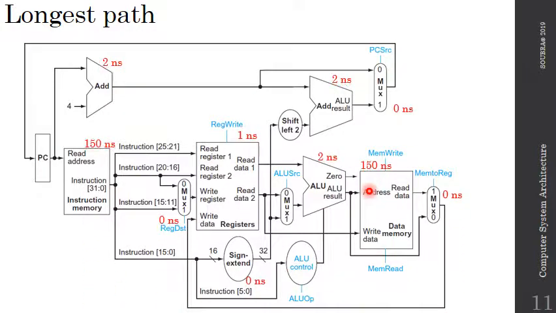Right, so let's give some values to the time spent in each of the components, and then we're gonna go ahead and see how much time, in this case, my load word instruction takes in order to execute. So load word, it will go through here, base and offset, addition, get it from here, and back to the register file.